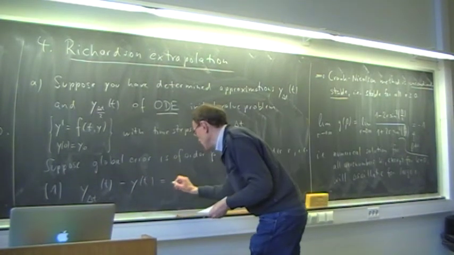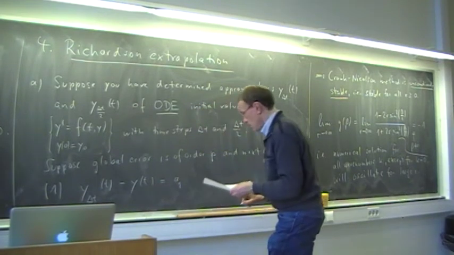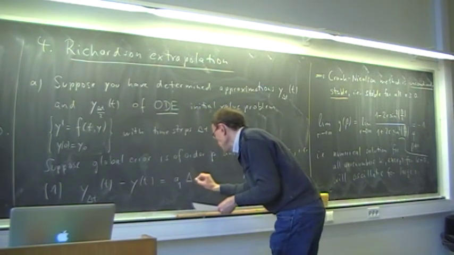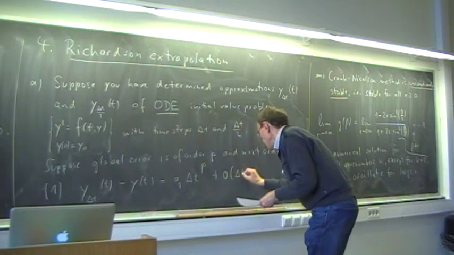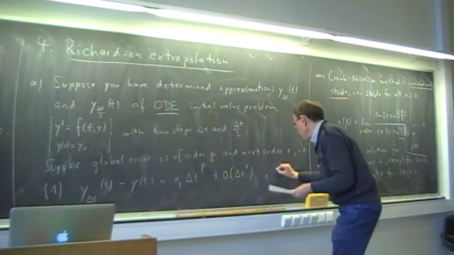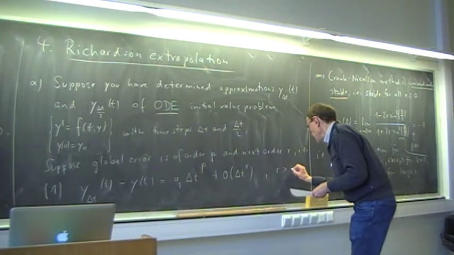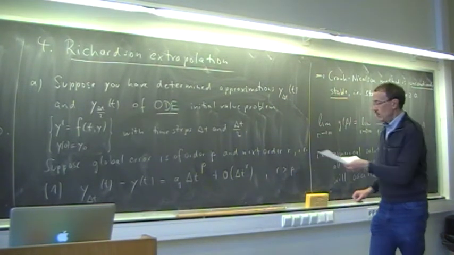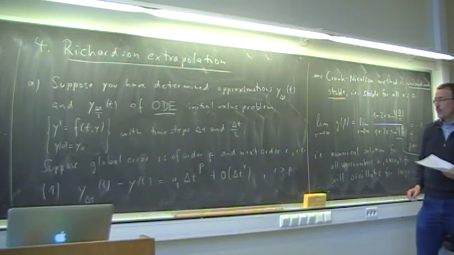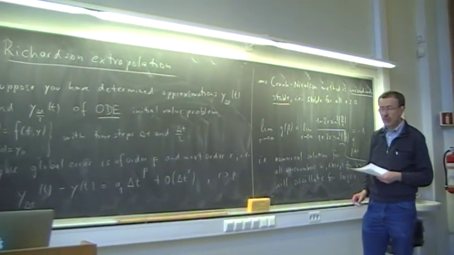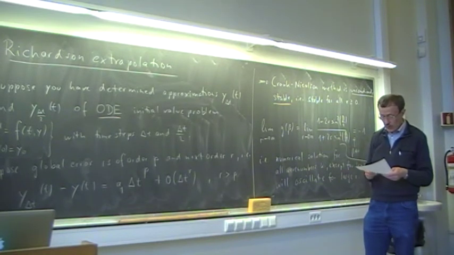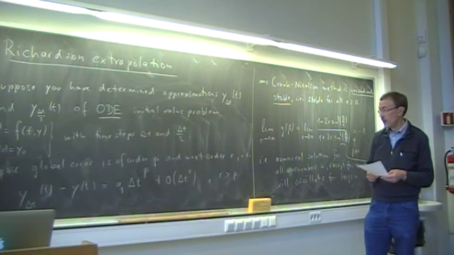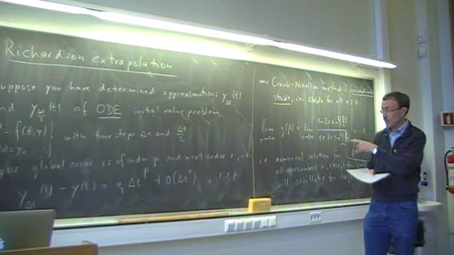We assume that this is equal to some constant, we call it a1, times delta t to the power p plus an order delta t to the power r, and we clearly have that r is greater than p. In probably most cases, r is simply p plus 1, but we have cases also, like the trapezoidal method, where r is p plus 2, so 4 in our case. P is 2 and r is 4.